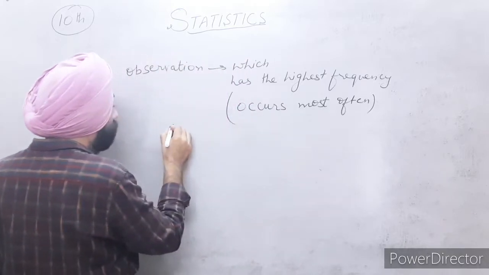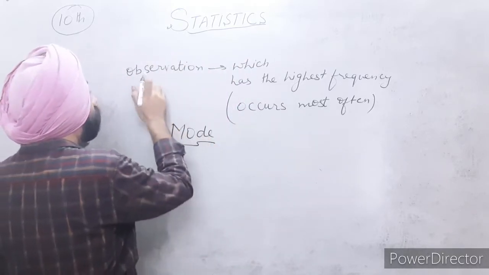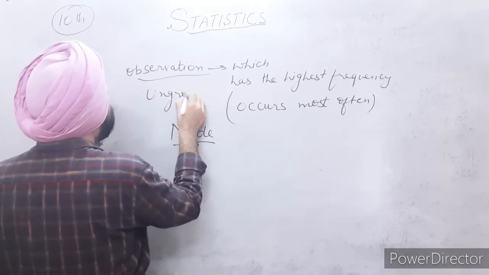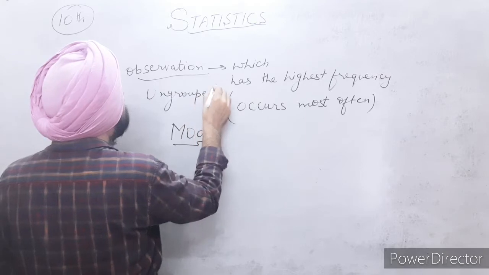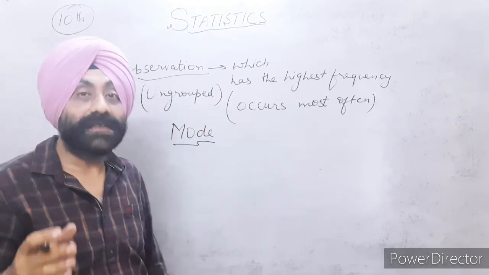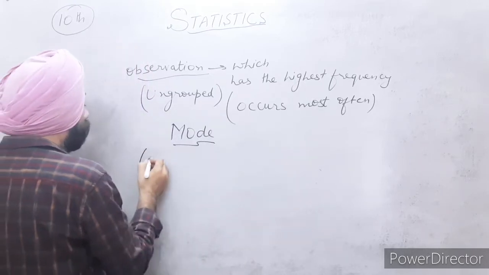That is called mode. This is for ungrouped data. Right?